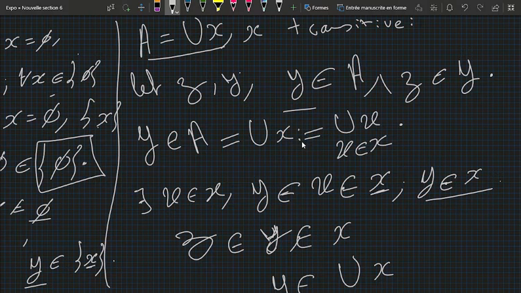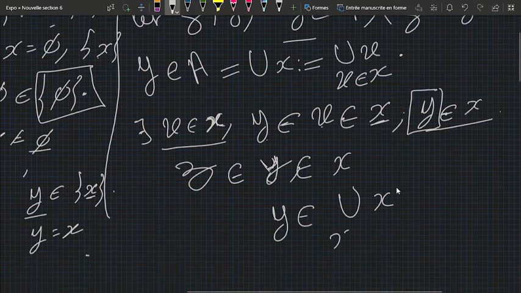By definition, the big union is the union of V with V belonging to X, which means there exists a V who belongs to X and Y belonging to V. So by the transitivity of X, we have Y is an element of X.